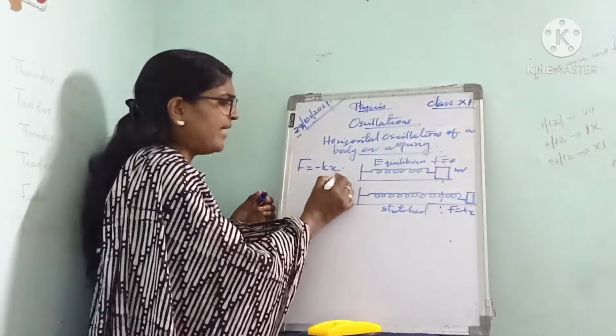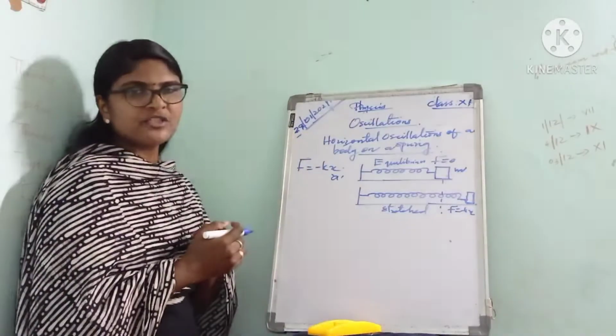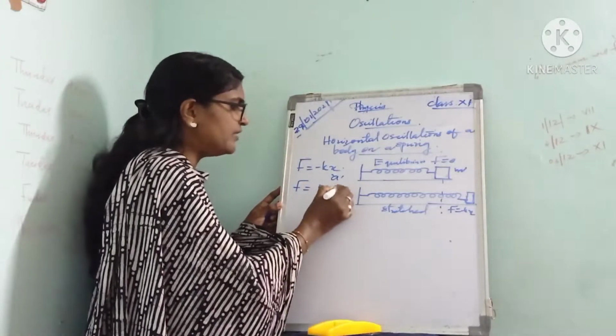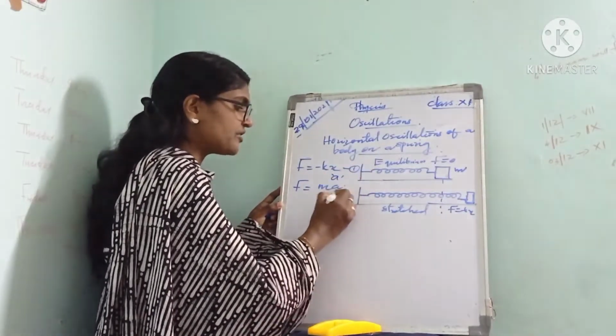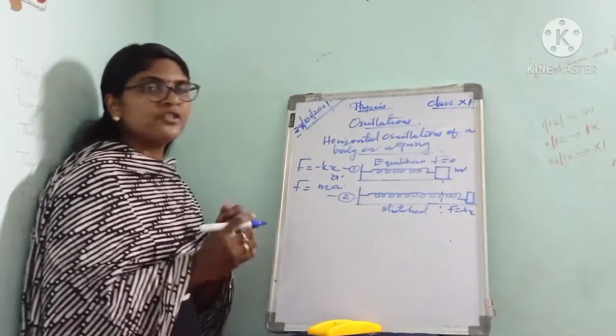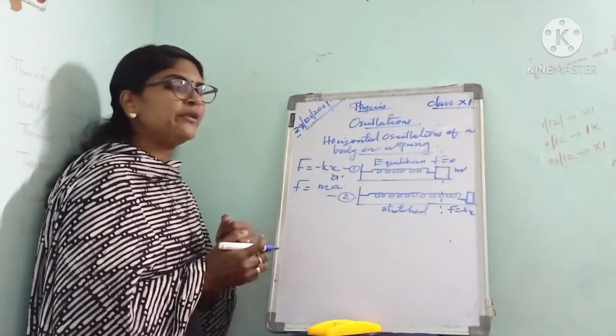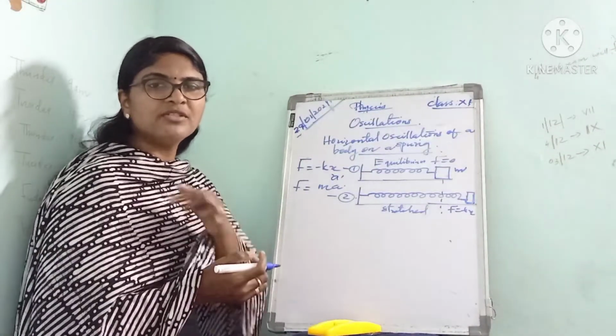Suppose a is the acceleration produced on the body. Then by Newton's second law we can write F equal to ma.